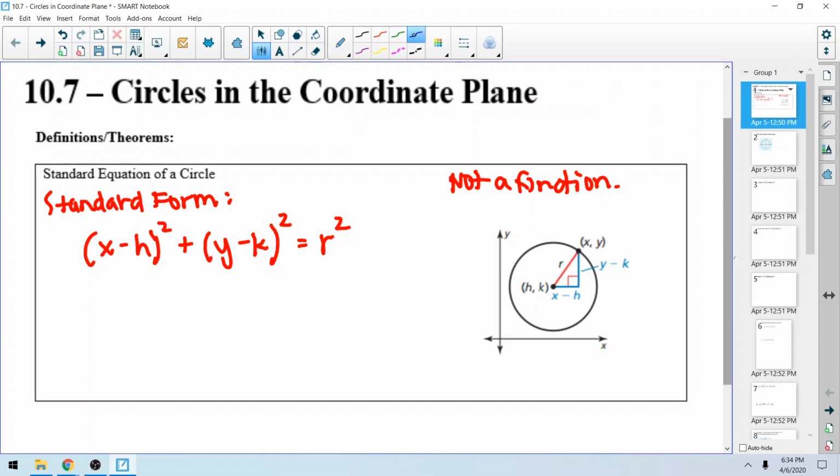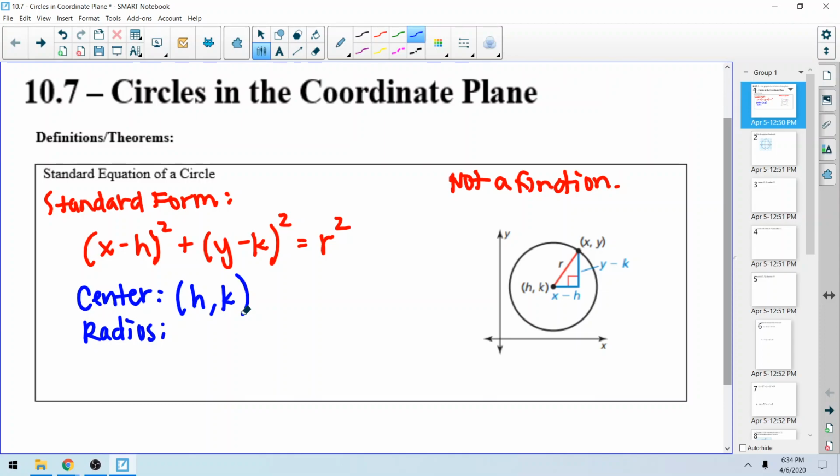Okay, now more importantly, now that we know that, in this standard form, you can very quickly identify the center and the radius. The center is h, comma, k. Notice in your equation it's a minus h, but the center is really at positive h.